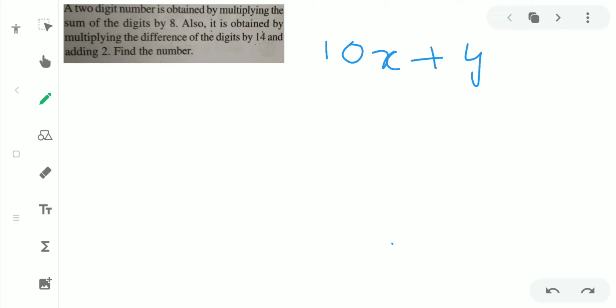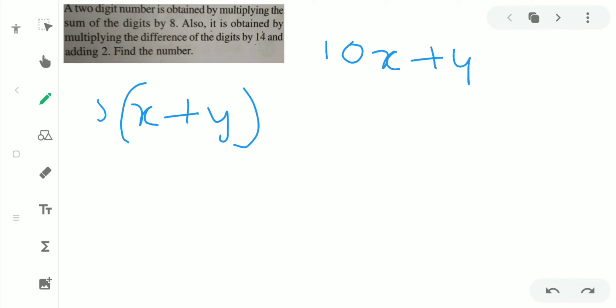This is a very important point. A 2-digit number is obtained by multiplying the sum of digits. The sum of digits is x plus y. They said only the digits, so x plus y, and multiplying with 8.